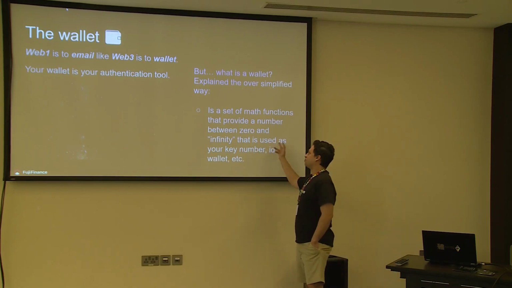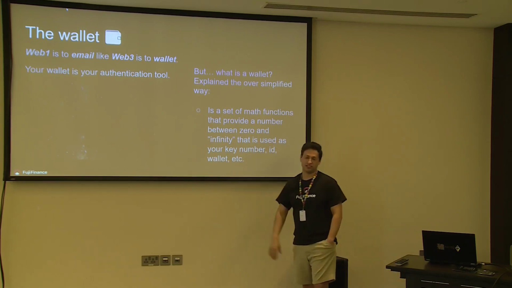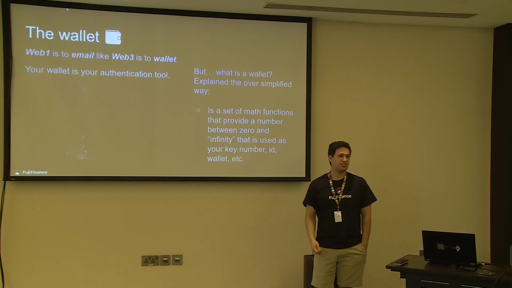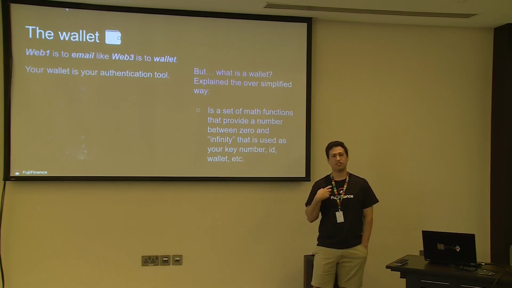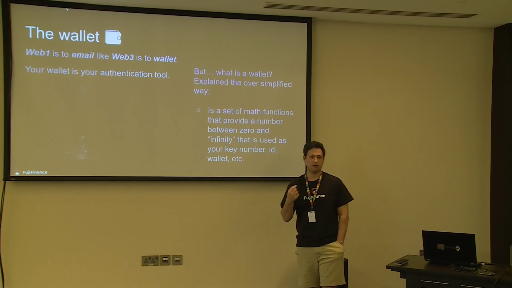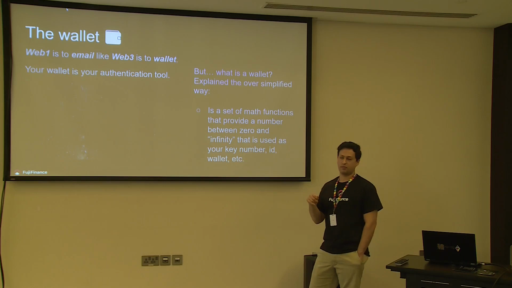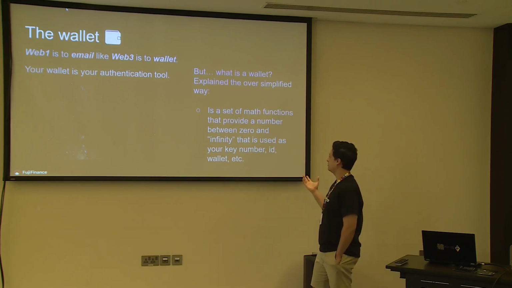This is a more sophisticated explanation of what a wallet is, but essentially it's just math functions that can be unique. And if you know the way this math function was created, you can know it was you that created something or made some kind of data.